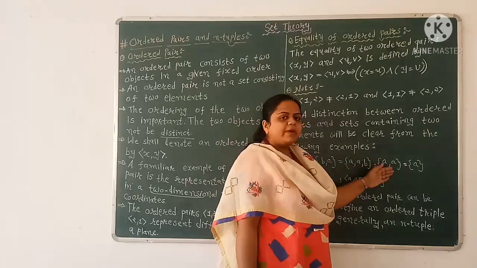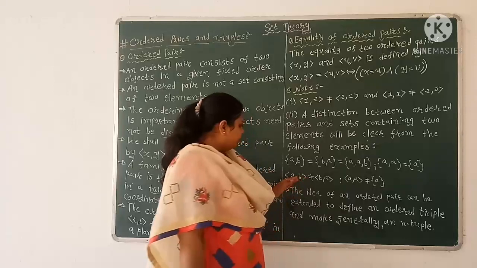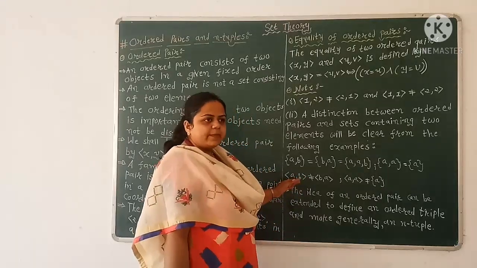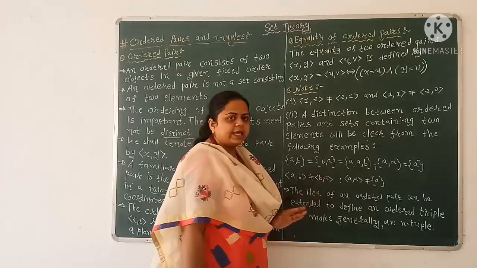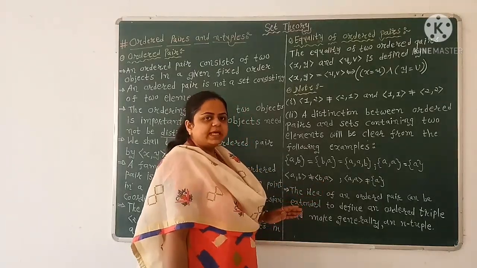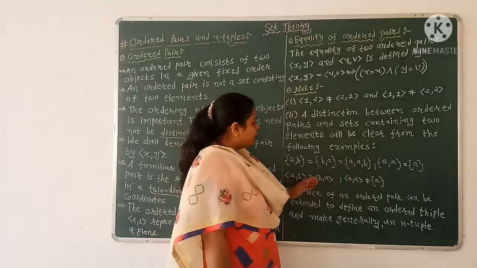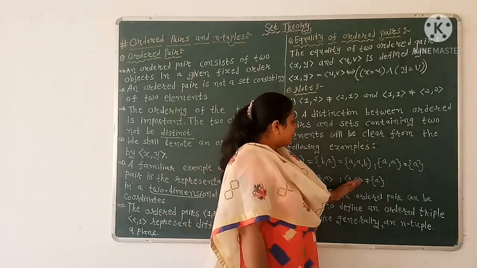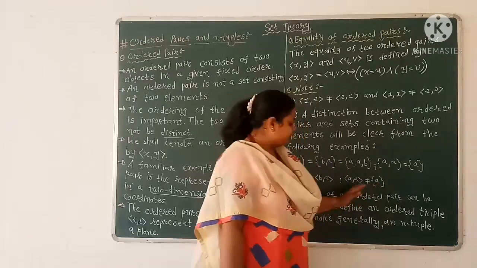And set {a, a} is equal to set {a}. Ordered pair (a, b) is not equal to (b, a) because in an ordered pair, the order of the objects is important. And ordered pair (a, a) is not equal to set {a}.